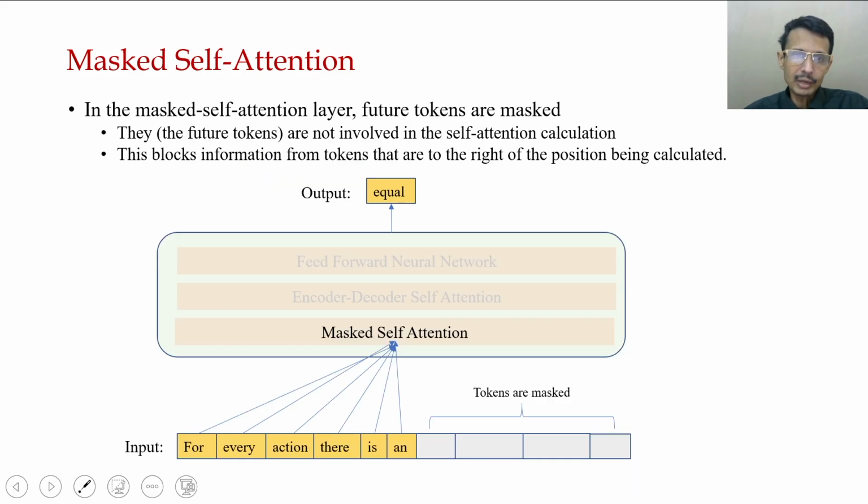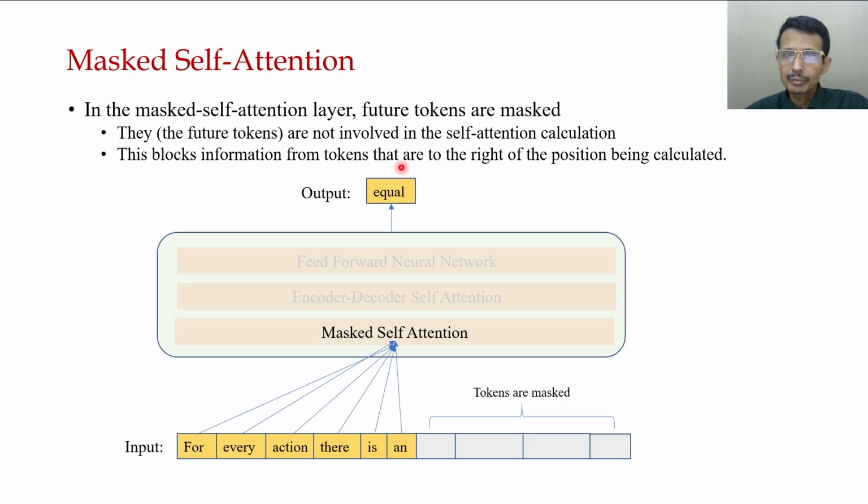Let's take an example to understand that in this masked self-attention layer, future tokens are masked. You see? The token we want to predict is here, and after that there are some tokens that are masked. So in masked self-attention, future tokens are not involved in the self-attention calculation.